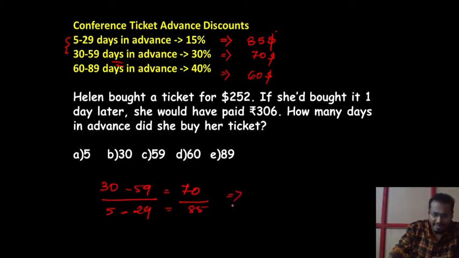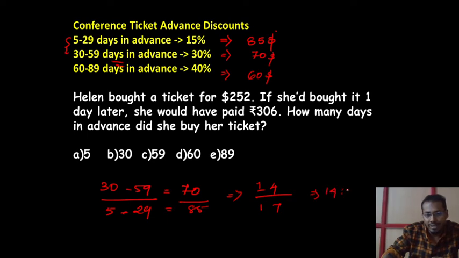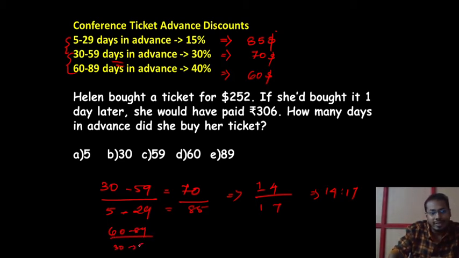If you take the ratio of these two values, 70 to 85 gives 14 to 17. Another two values: 60 to 89 days is $60, and 30 to 59 days is $70, so the ratio is 6 to 7.